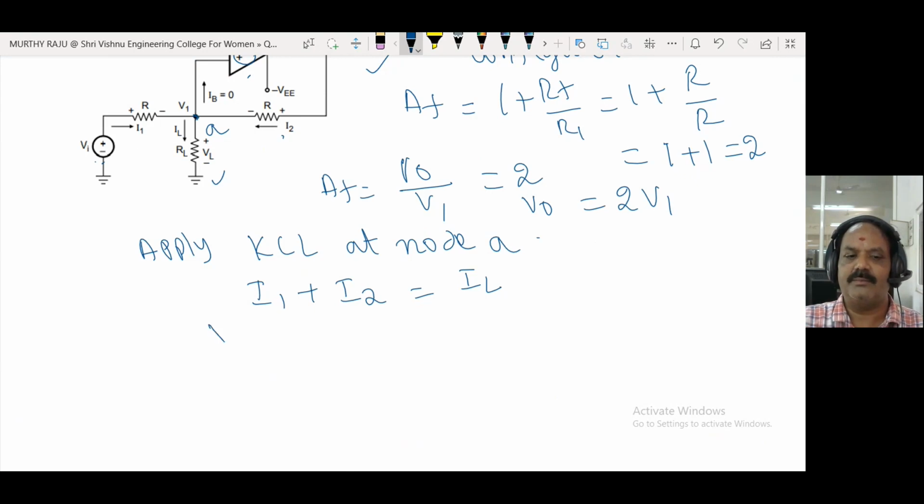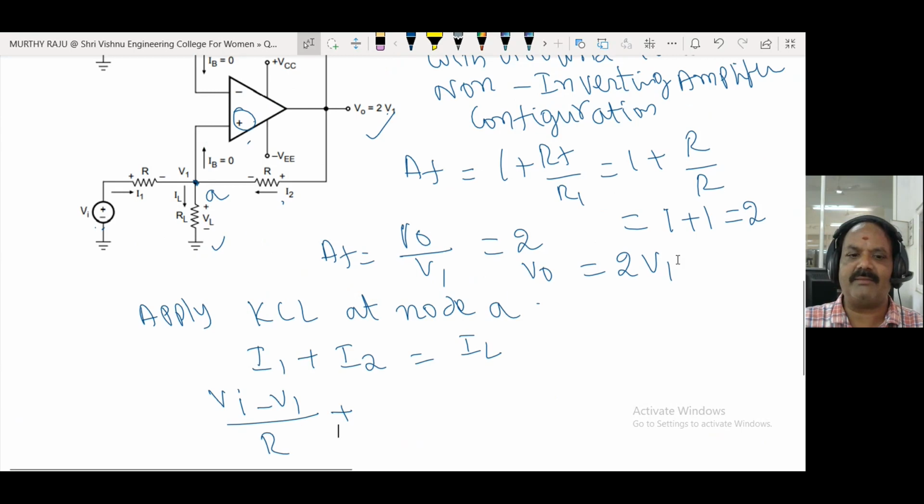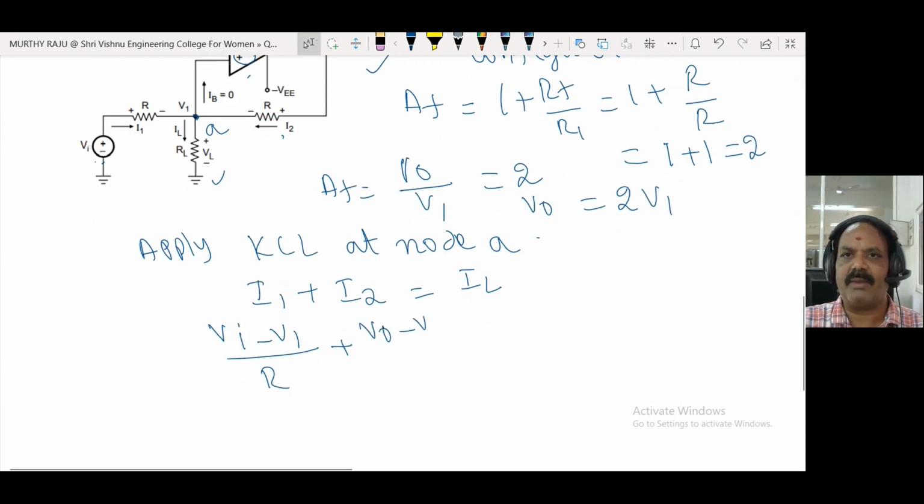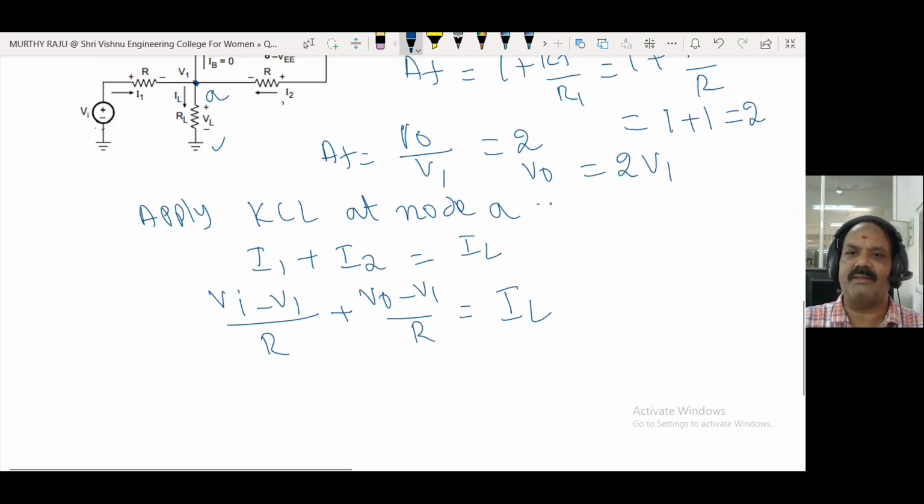I1 is equal to VI minus V1 by R. I2 is equal to V naught minus V1 by R. Therefore, IL is equal to V1 by R. Our aim is to prove that the load current is directly proportional to input voltage VI.